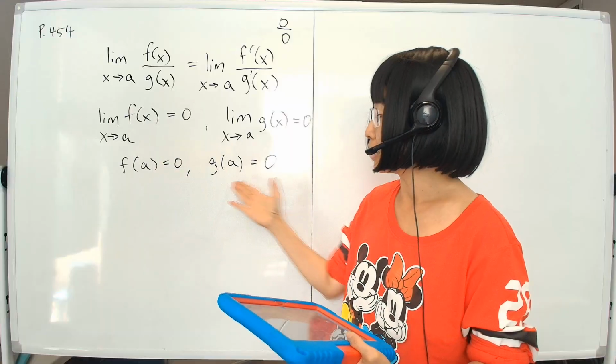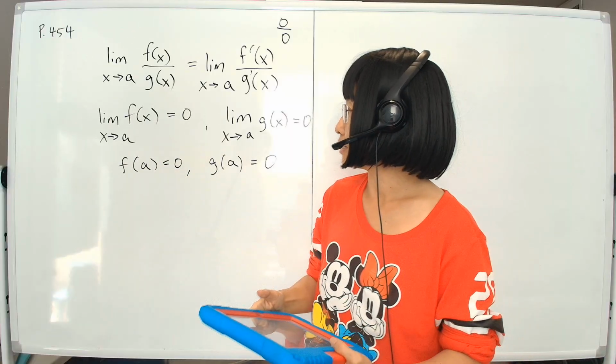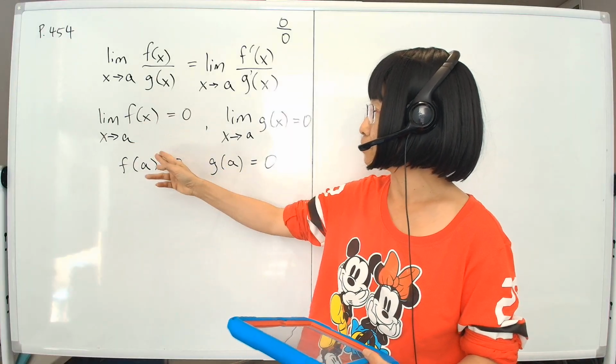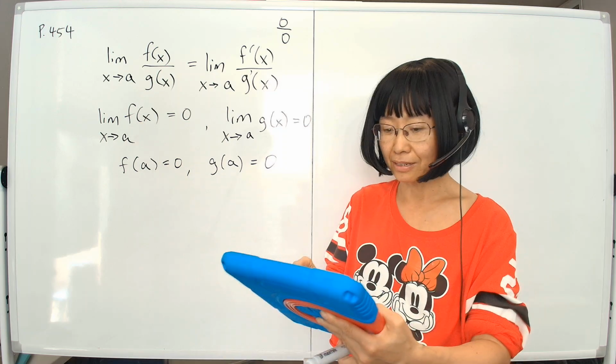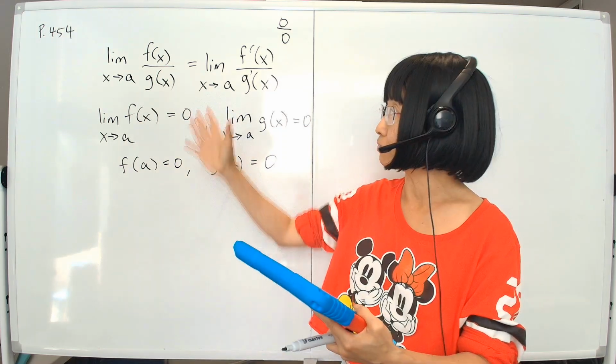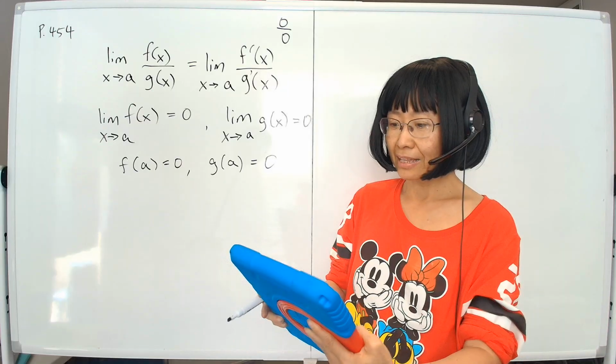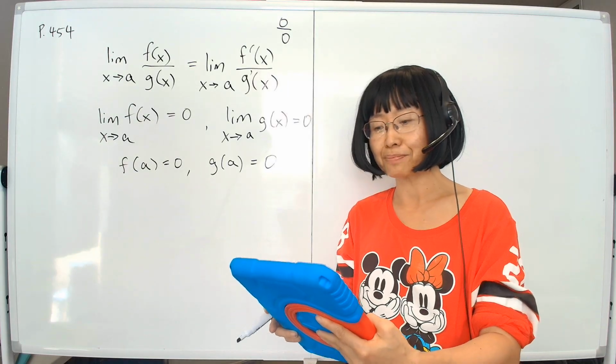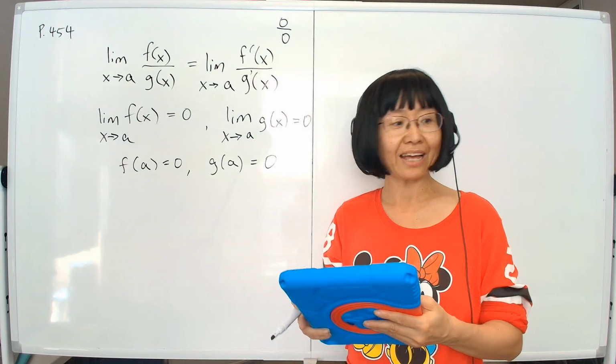We simply assume that not just the limit equals 0, but that the value itself equals 0. And so we will prove a simple case of L'Hopital's rule. Let's look at the next page and go ahead and do the proof.